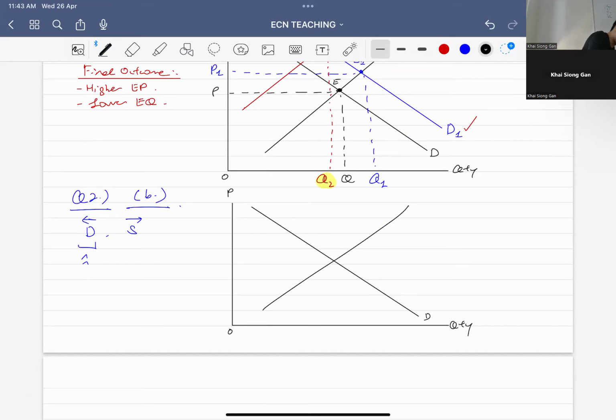This is my supply curve. We have an equilibrium here, at this price, at this quantity. Now demand has fallen because it will cause lung disease, right? So therefore, demand will change more than supply. So my demand will have to shift a lot.